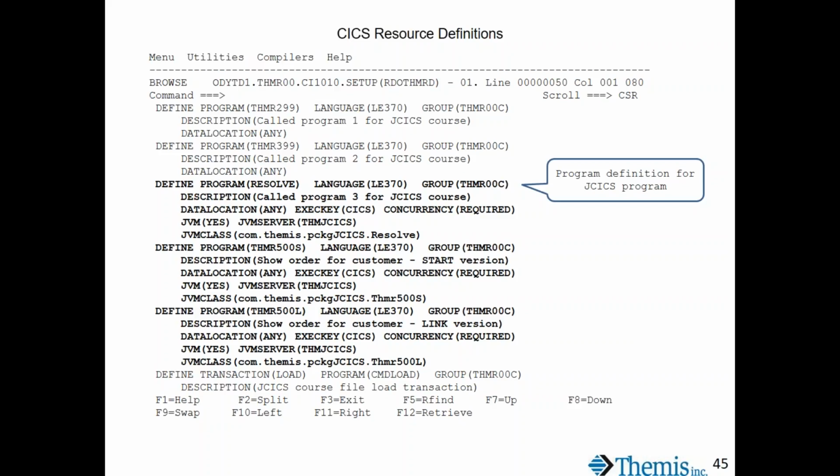So the programs were actually doing BMS maps or COBOL, and then I was passing off to Java programs to do parts of the processing, to read files. The Java code was reading files, working with temporary storage queues, things like that, but had no direct user interface, although it could.